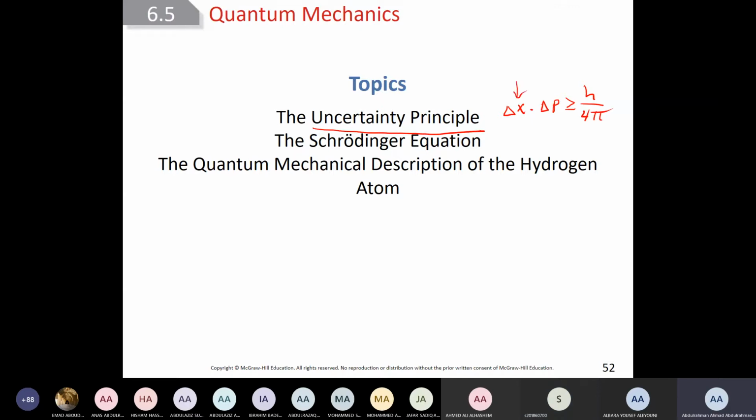What's X? Position, exactly. And what's P? Momentum, which is equal to what?